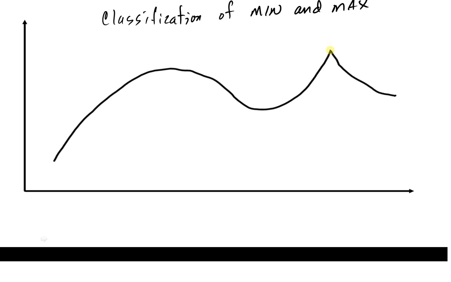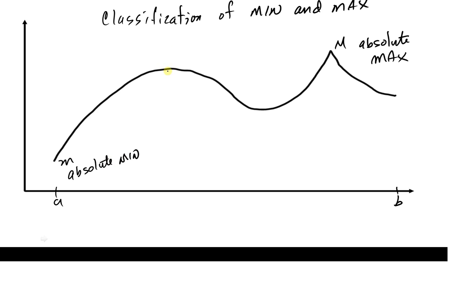First of all, at this point, this is an absolute max, looking between x equal a and x equal b. The next thing you see is m is an absolute minimum, but we have some other interesting points on this graph.